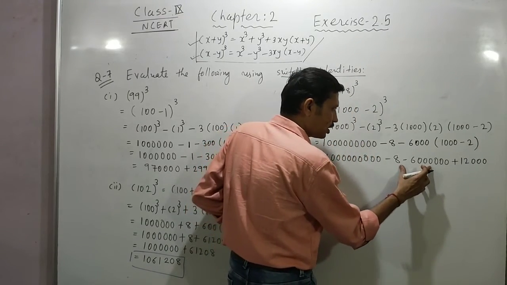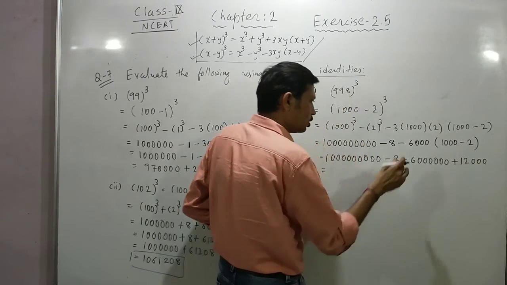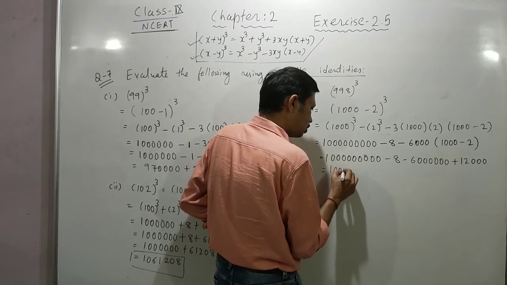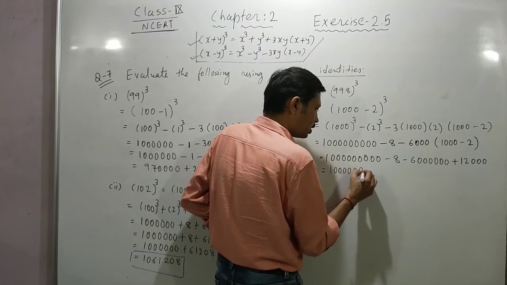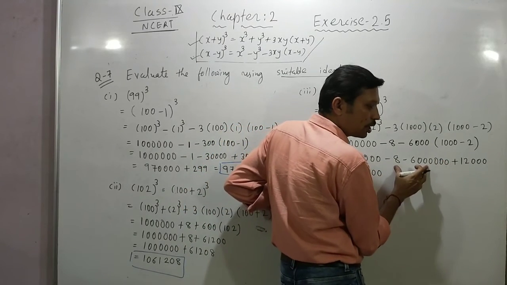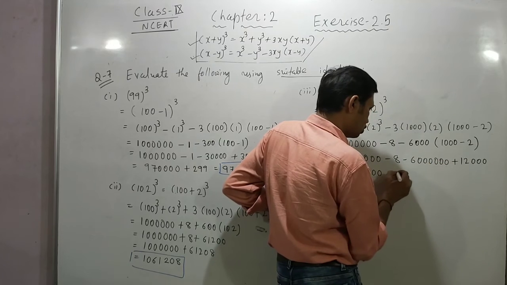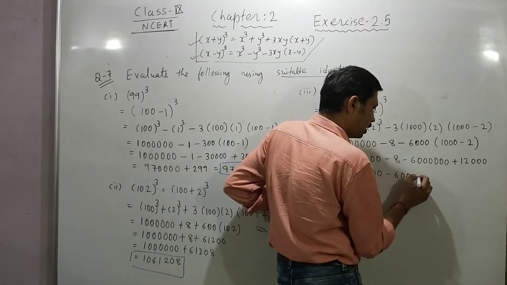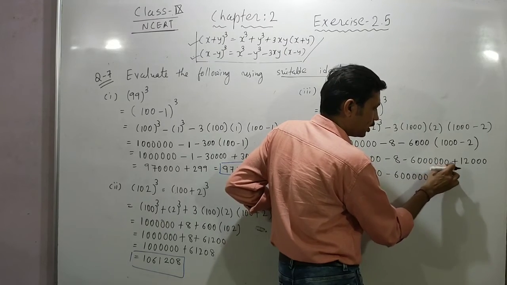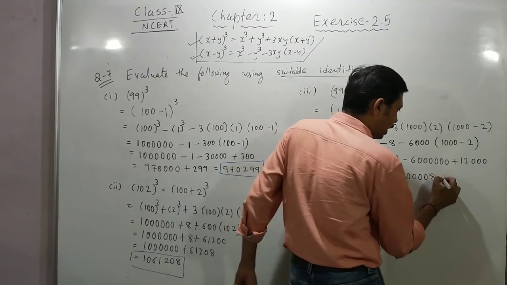Otherwise I can add these two, and 12,000 we will take at last. So 1, 2, 3, 4, 5, 6, 7, 8, 9. And this one, when I add here, both are negative, so it will be added. So 1, 2, 3, 4, 5 and 8. In the unit place we have to add the 8 and the 12,000.